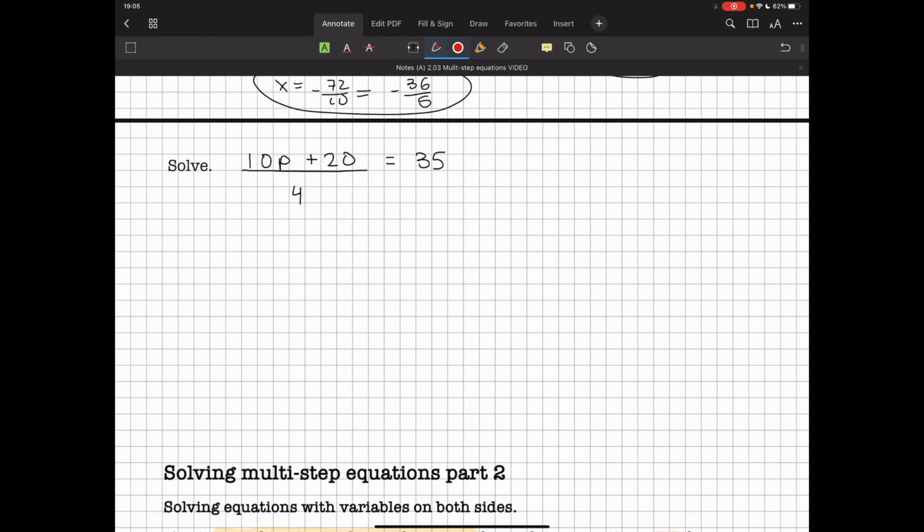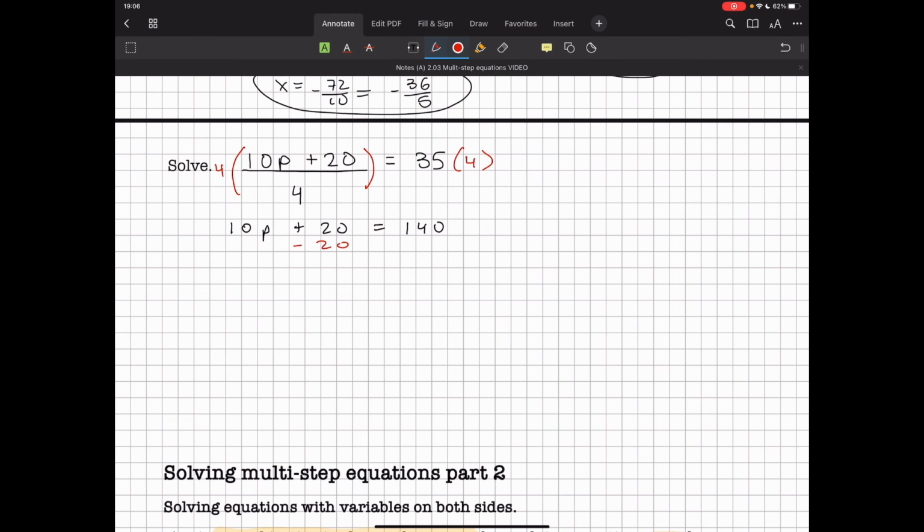In our last problem here in part 1, we have the quantity of 10p plus 20 divided by 4, which is 35. Now, I'm only going to do this one way, and I think the way that many of us would go about this is we would undo the division by multiplying both sides by 4, leaving us with 10p plus 20 equals 140.